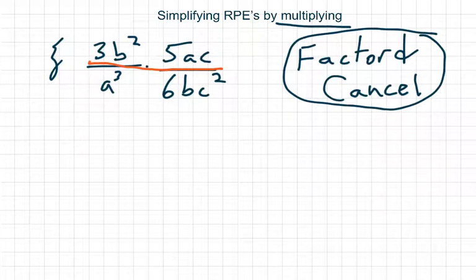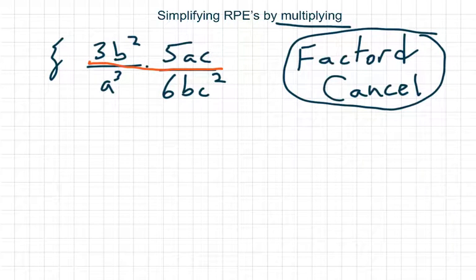So when I look here, I've got monomials. So there's nothing I can really factor. Because it's monomials, I can just cancel anything in the top with anything in the bottom that works. Now, if it was a binomial or a polynomial, like a trinomial, I would have to have the exact same binomial as I do in the bottom.